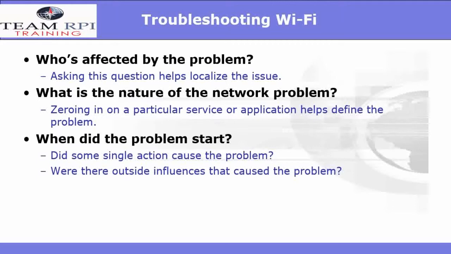The next question you should ask is, what's the nature of your network problem? This is going to help you zero in on a particular service or application that your users are finding problematic. And then ask, when did the problem start? Was it because of one single action, or were there some outside influences that possibly caused the problem?